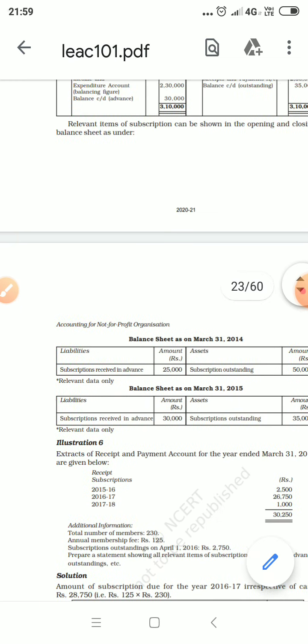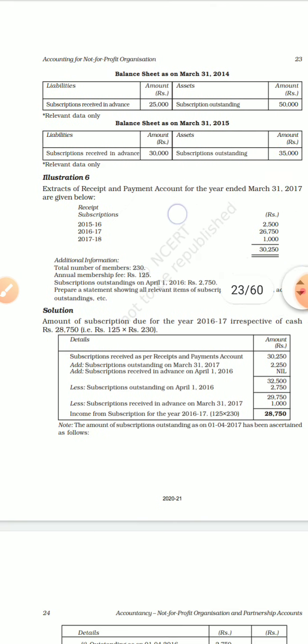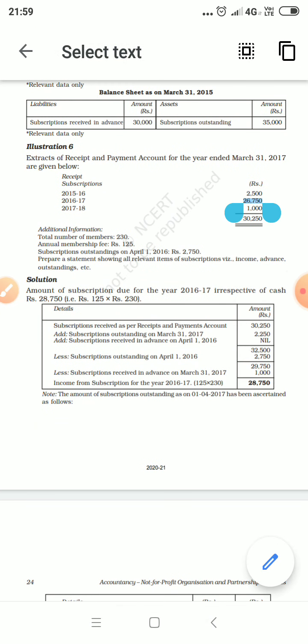In the previous sum, they gave the full amount as one lump sum, 2,50,000. But here they have given it in three parts. 26,750 belongs to the current year. 2,500 is the previous year's outstanding received during the current year, and 1,000 is the current year's prepaid. It belongs to the next year but was received during the current year.